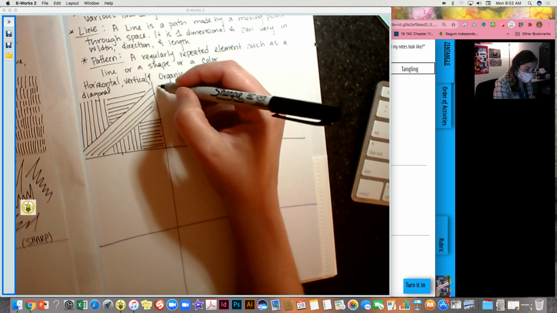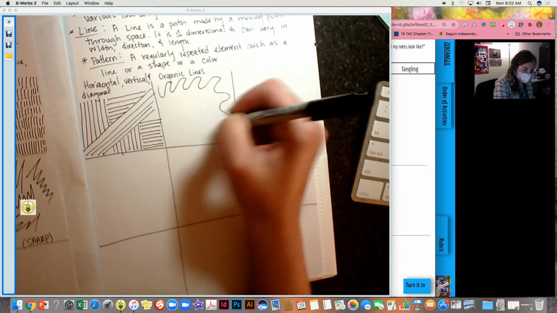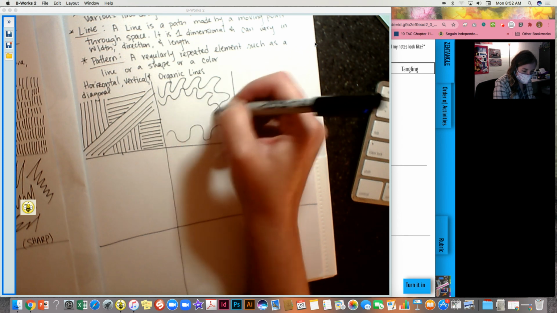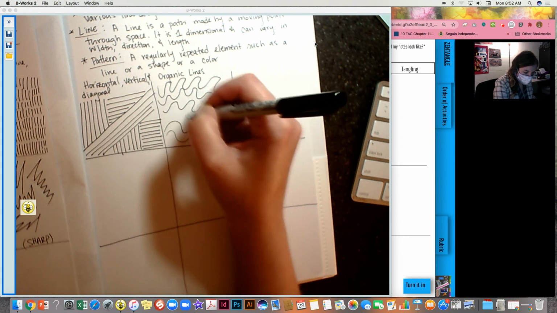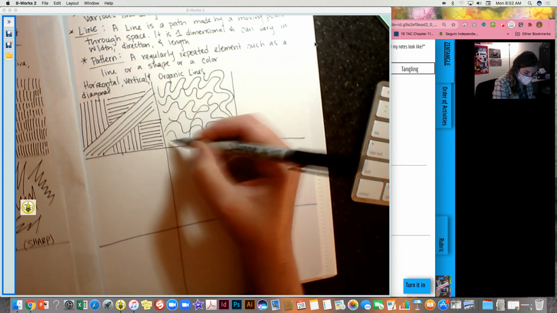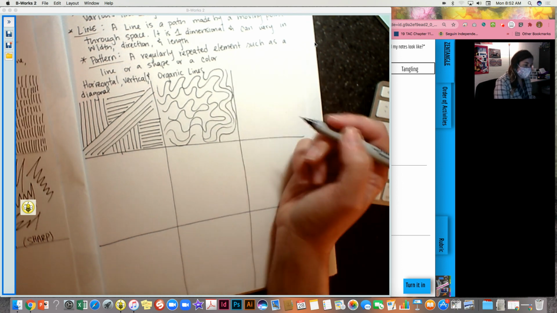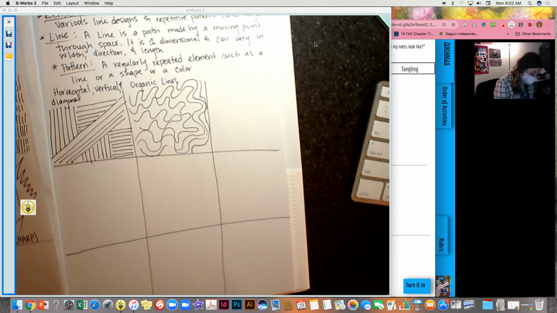So an organic line is wavy. Organic means that you sort of find this shape in nature. Right? Got your wavy lines. Those are very happy. I like them.